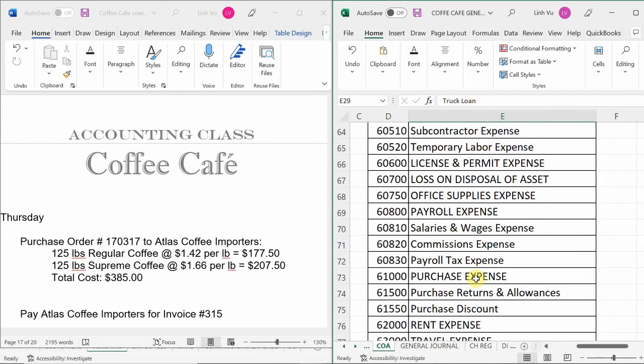What kind of tracking method are we using to keep track of the coffees? Because Atlas Coffee Importers is keeping track of the coffees, right? That's in perpetual, so it would go through that. So it is perpetual inventory. Now, how do we recognize perpetual inventory?